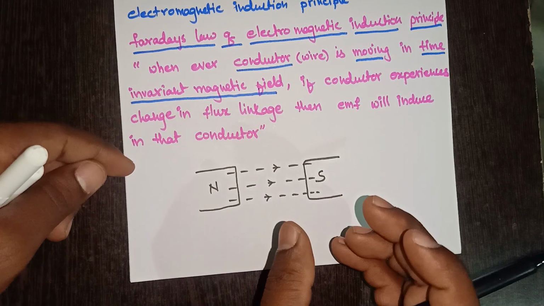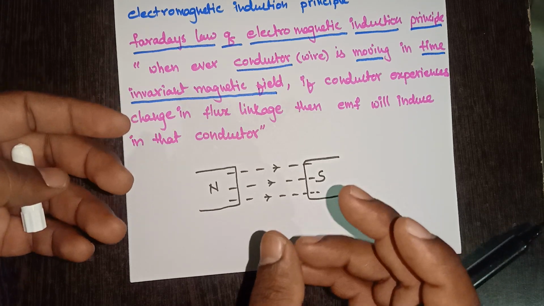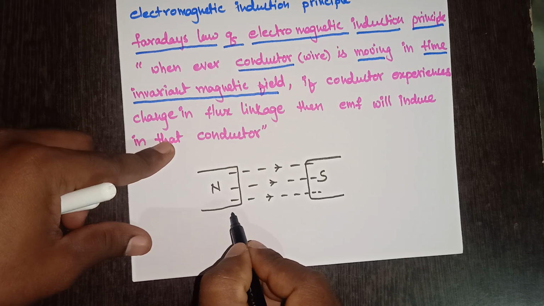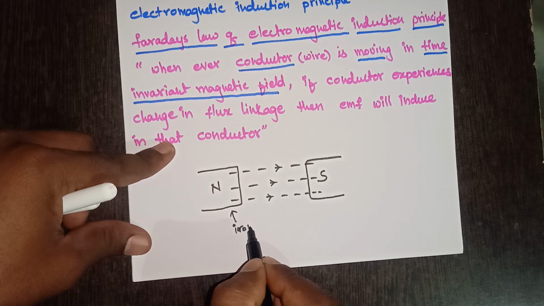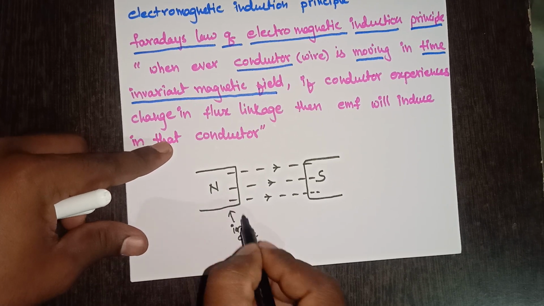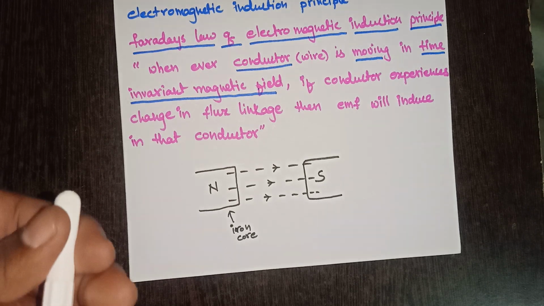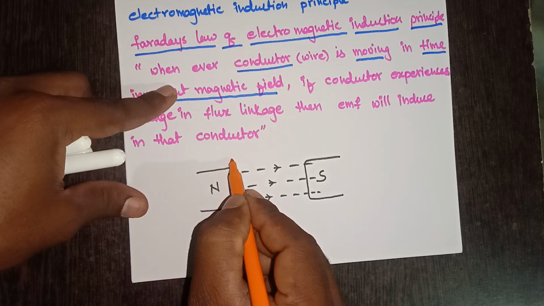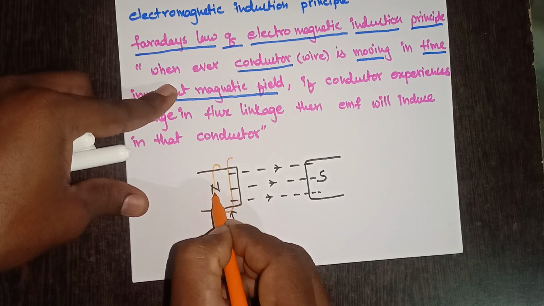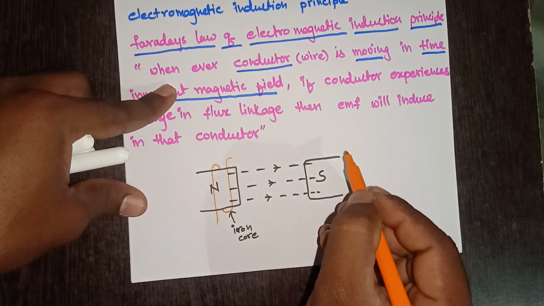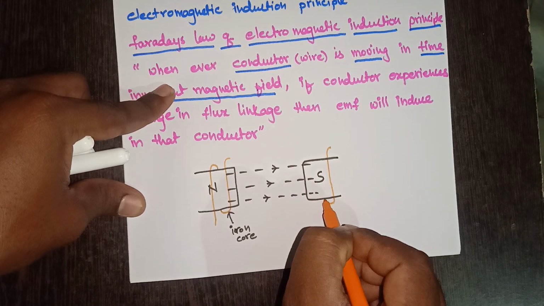How is a time invariant magnetic field prepared? It is prepared by DC supply. For that we require an iron core. Let me consider this as my iron core. On this iron core, let me put a winding like this, and here also I am putting the same type of winding.